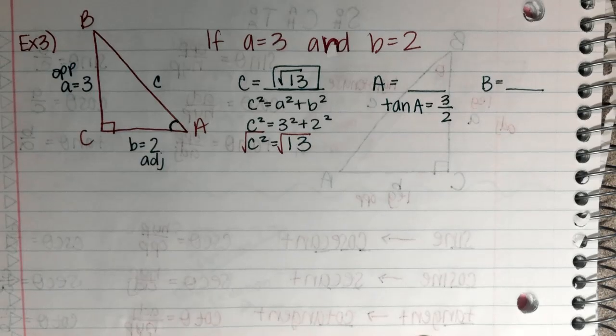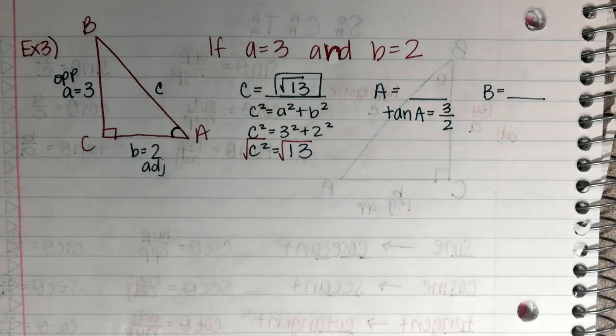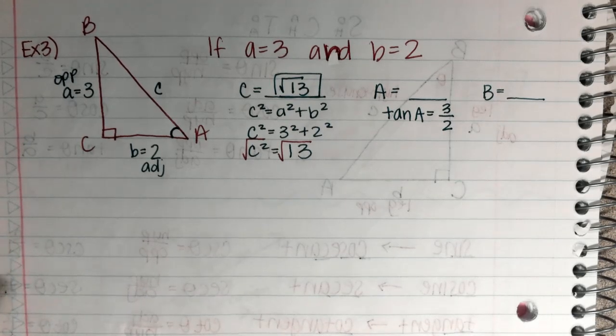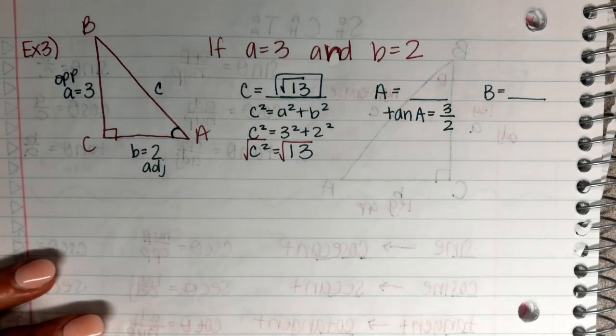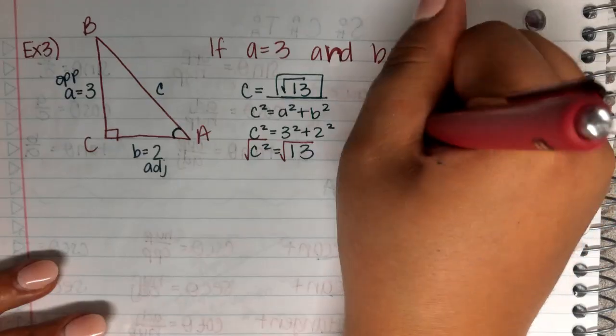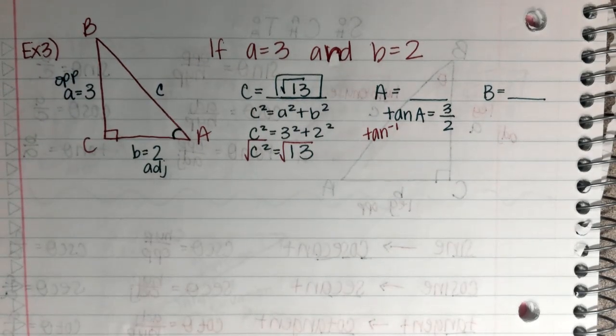How do I get A by itself? Not divide. Inverse. So the only way to get rid of a tangent is to, remember, inverse is the negative one. Y'all also used to call it arctan. Or, I mean, it is called arctan.